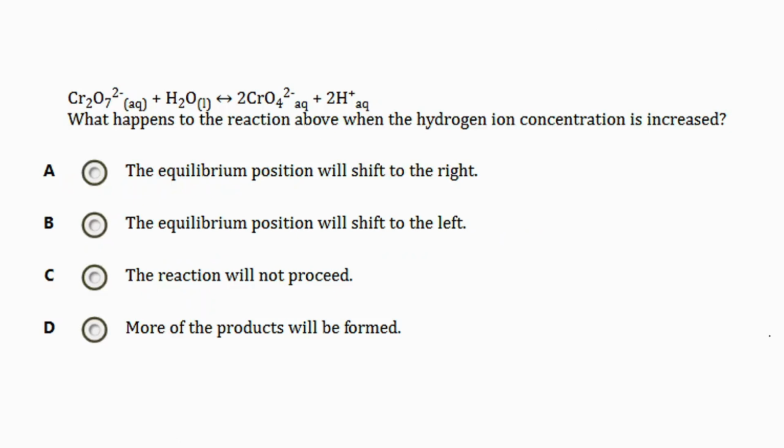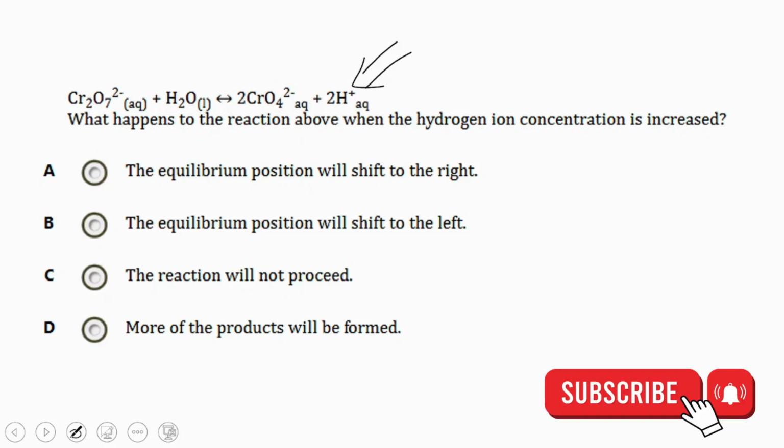On to the next question. What happens to the reaction above when the hydrogen ion concentration is increased? So we're looking at a situation where the external constraint is increasing the concentration of this hydrogen ion. According to the Le Chatelier Principle, once again, equilibrium shifts to cancel out the effect of increasing this concentration.